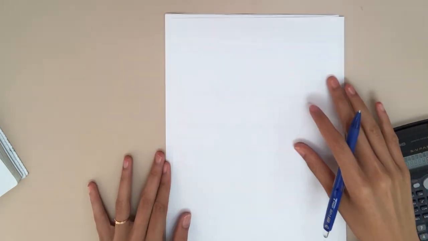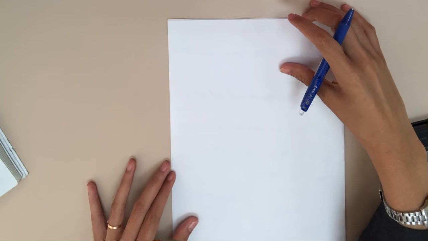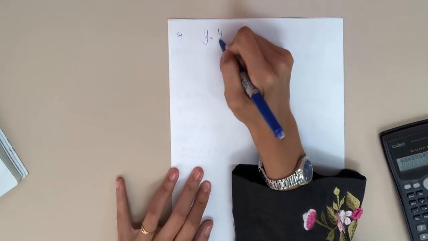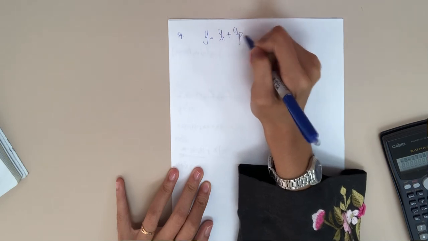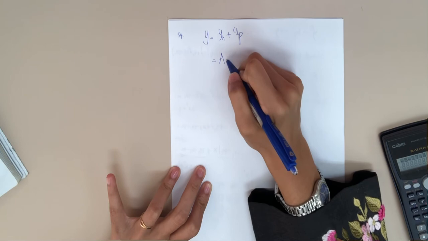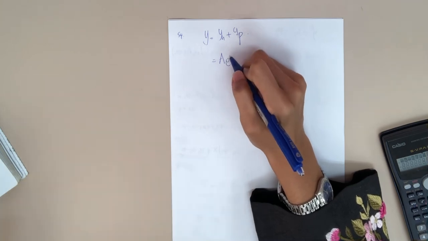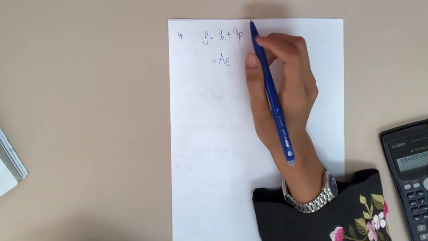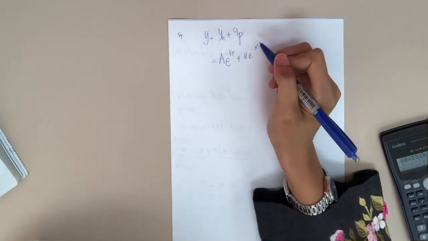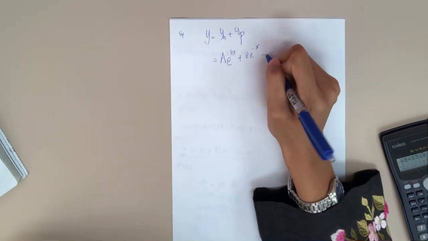So after you get all these 4 numbers, what we do next is just substitute back into your equation. So the final answer will be YH plus YP. Okay, so your YH will remain as YH lah. So tadi apa YH kita? Okay, AE 4x plus BE negative x. Okay, and then your YP.